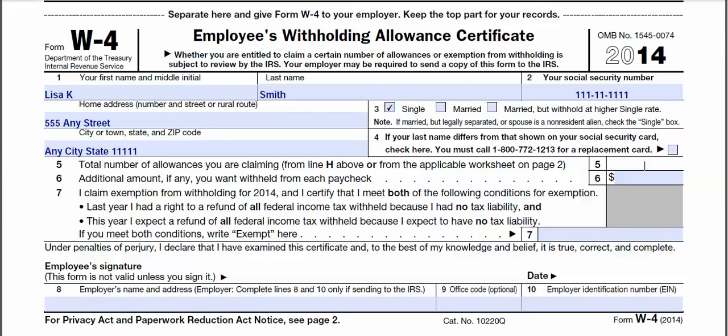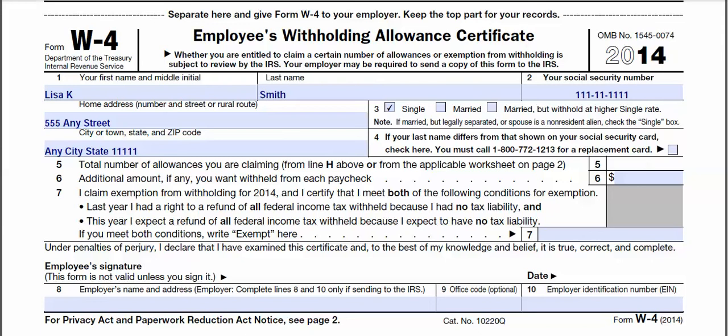And the smaller the number that you claim for allowances, the more money payroll will withhold from your check. So if you were claiming 0 allowances, then they would be withholding a larger amount of tax. Where if you claim 5 allowances, they would withhold less money from your check.